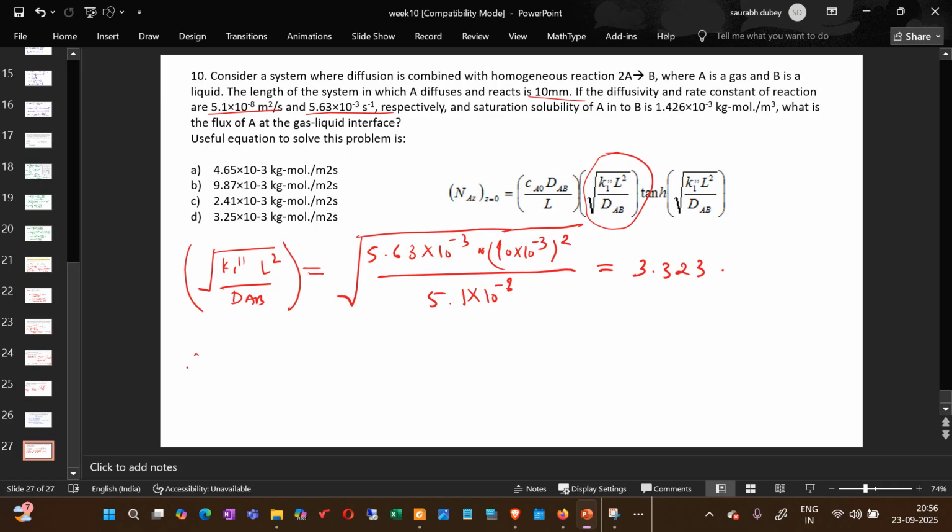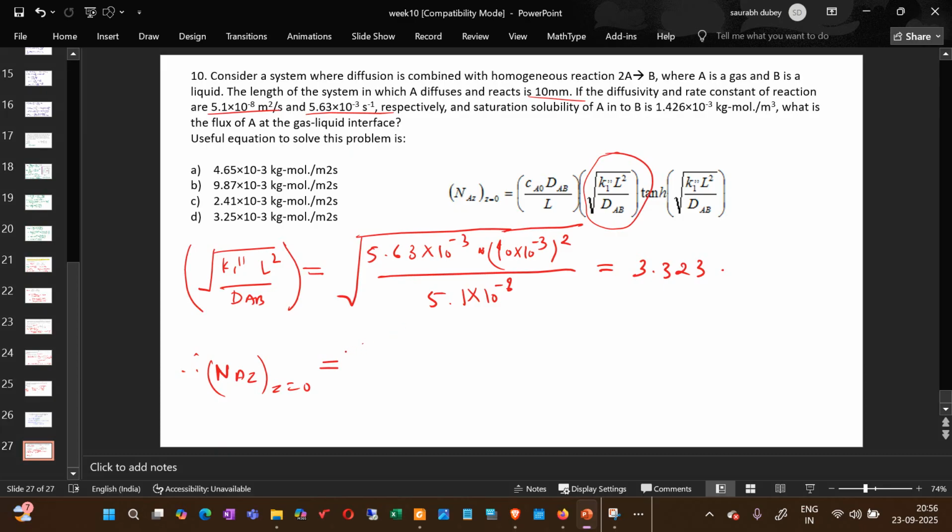Now this N A z at z equals 0 is what? Given by C naught.